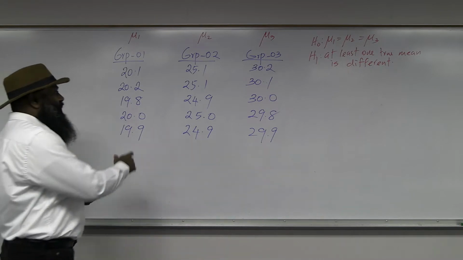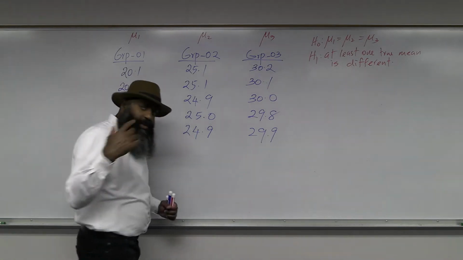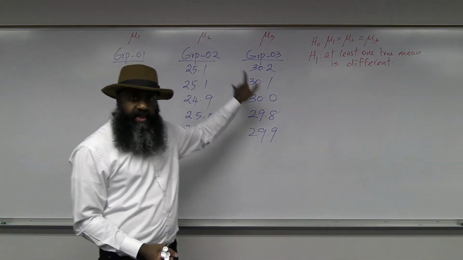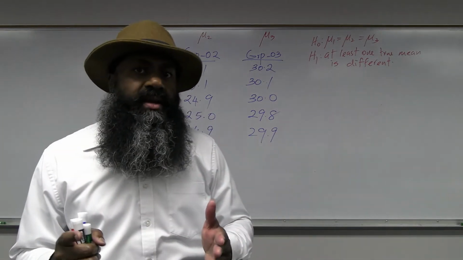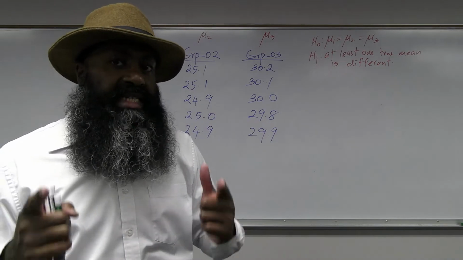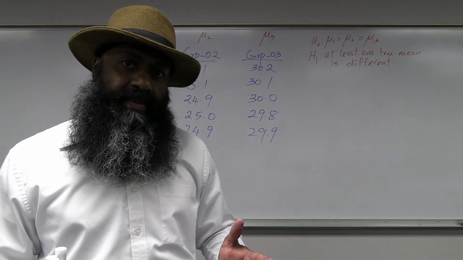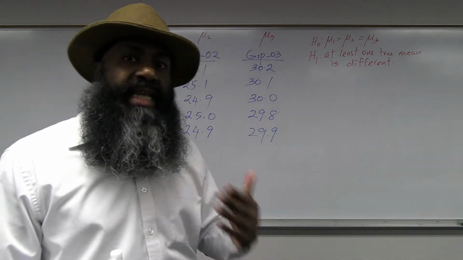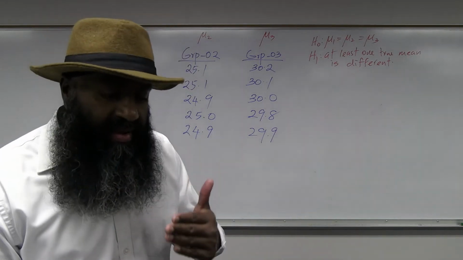When you have 3 groups, and from each group I have the same number of data points, that design is called what? It's a balanced design. Balanced designs are the best form of designs for statistical testing. They have the best power.